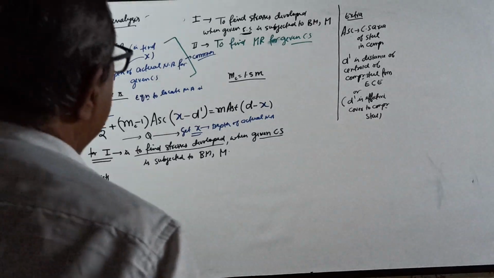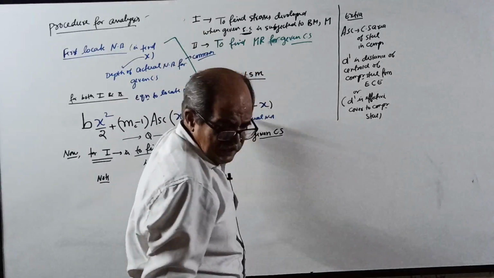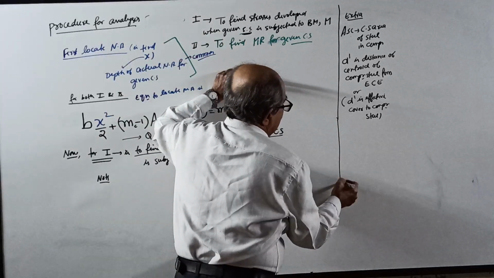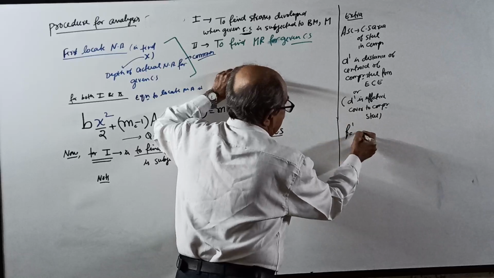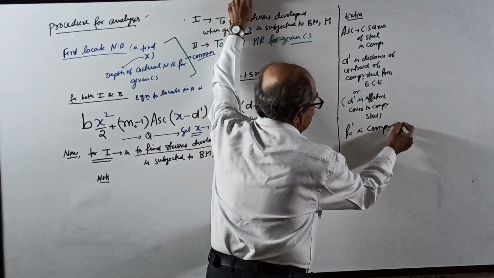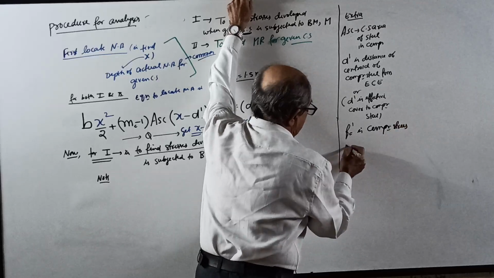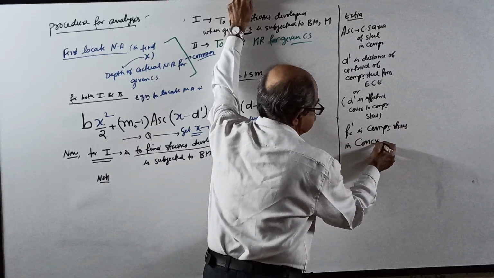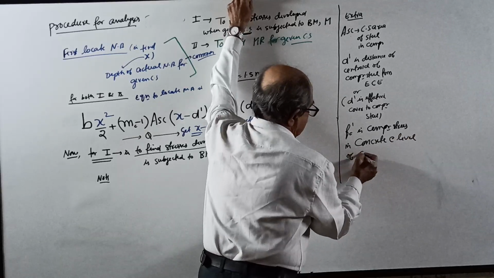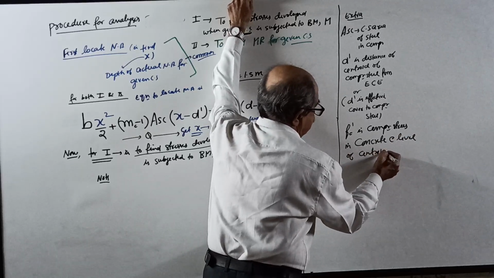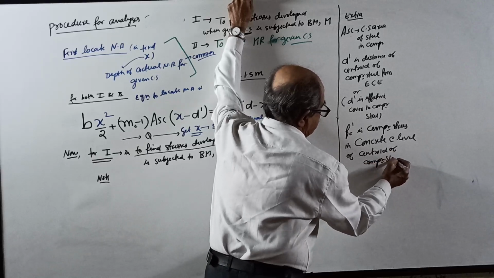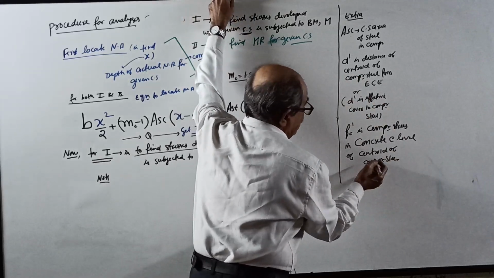Okay, now last term required. Last term required is FC dash, compressive stress in concrete at the level of centroid of compression steel. Further, how to get it?